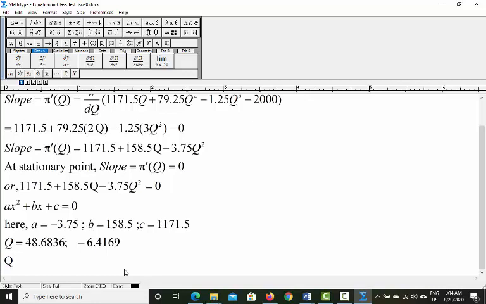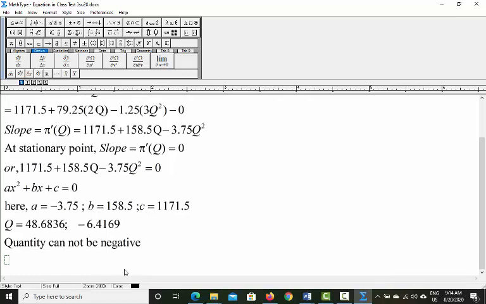Quantity cannot be negative, so the value of q should be this one. A negative value of quantity is not possible, so the value of quantity will be this one.